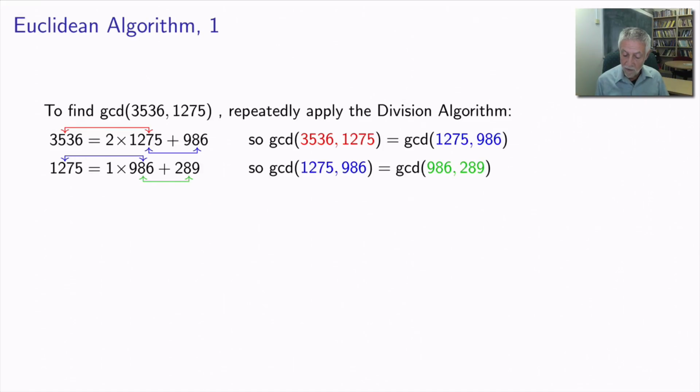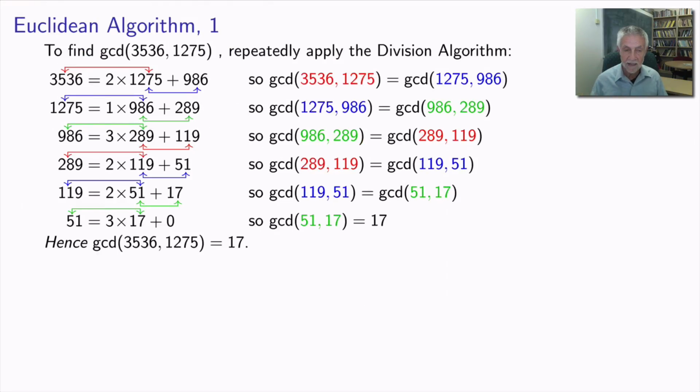So by exactly the same argument as before, the greatest common divisor of these two is the same as the greatest common divisor of those two. Once again, we've now got a smaller pair of numbers. More precisely, that is smaller than that, and that is smaller than that. And we can now just keep repeating this process, and I've written down here all the steps.